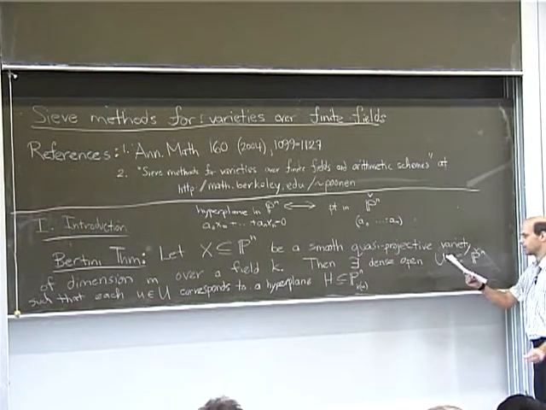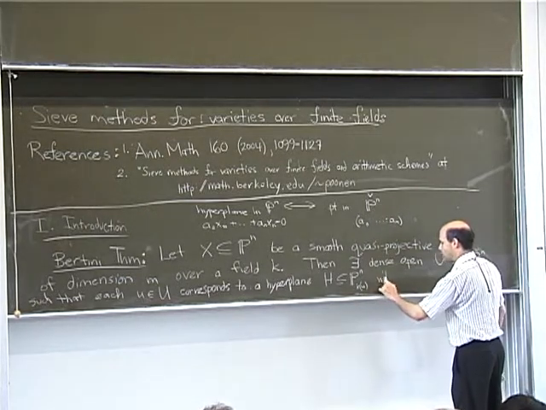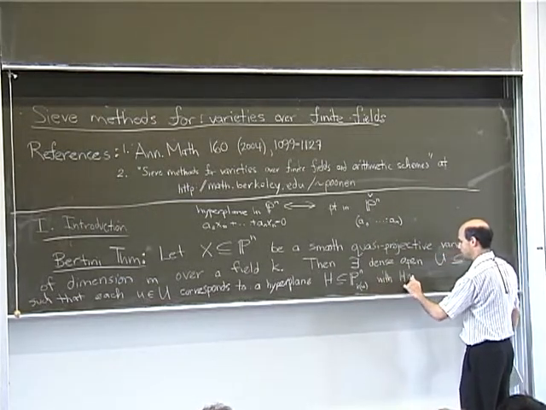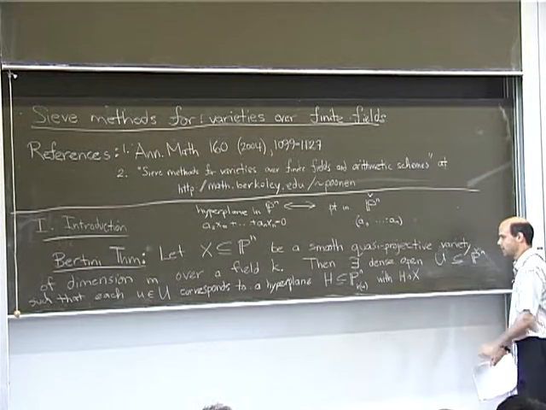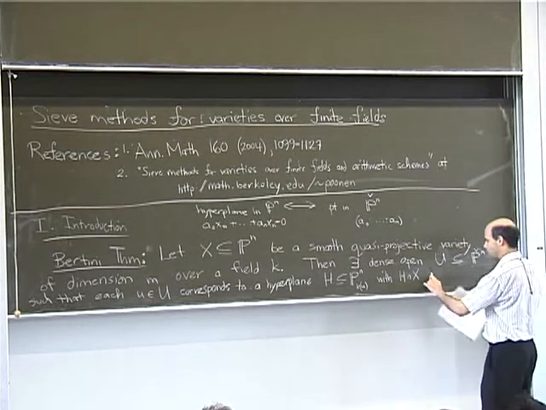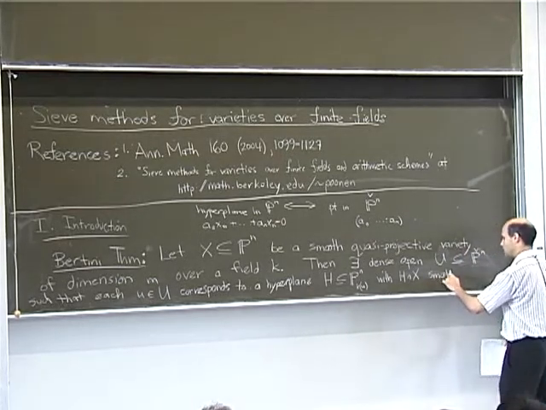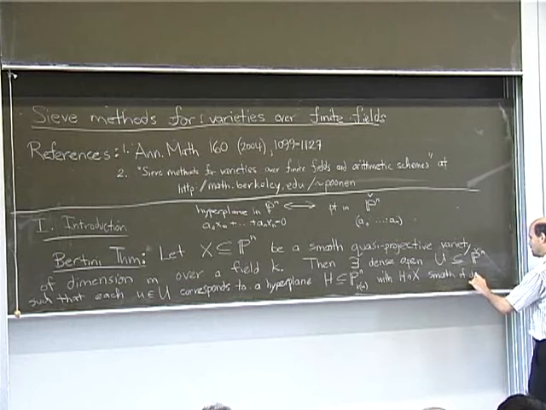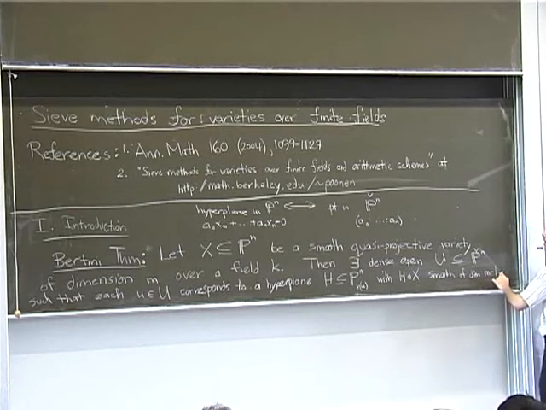Little u is a scheme point. And then the key property that I wanted to have is that the intersection, H intersect X, should be smooth, of dimension m minus 1. So that's the theorem.